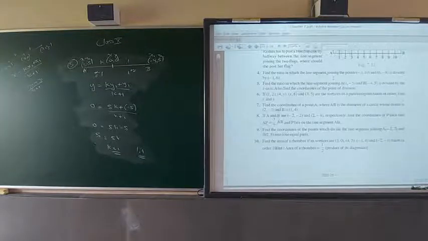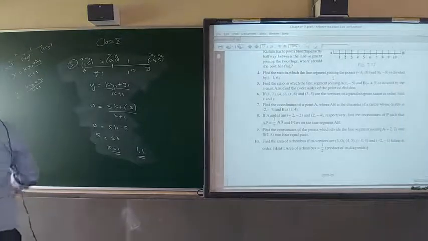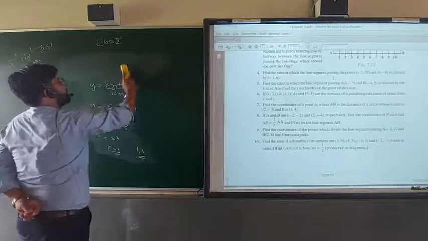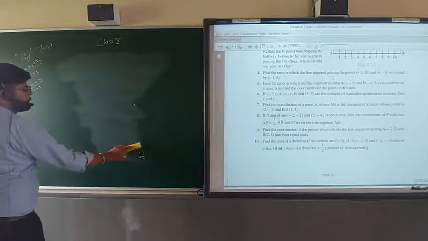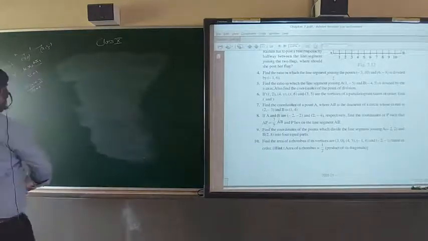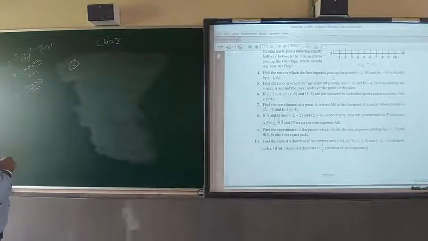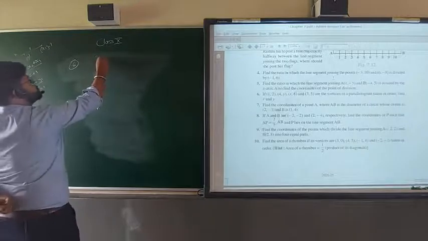Now the sixth question. Sixth is, if (1, 2), (4, y) and (x, 6), (3, 5) are the vertices of a parallelogram taken in order, find x and y.